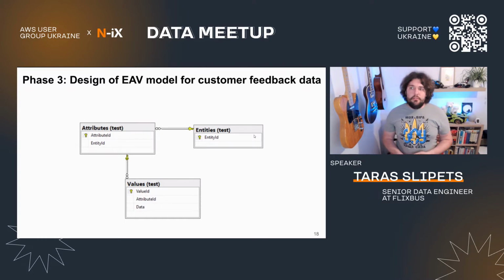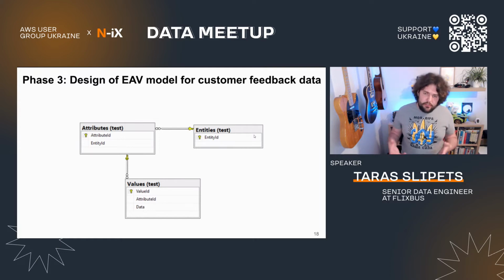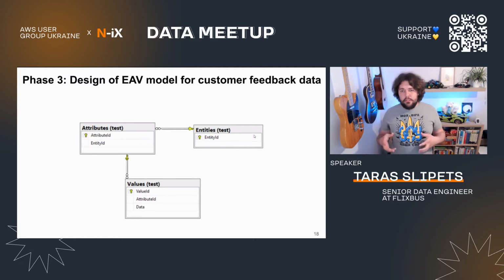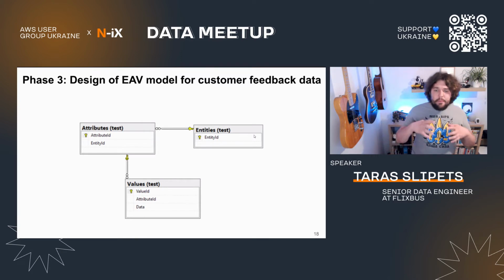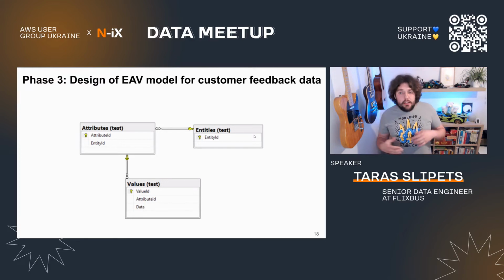Something that we found quite useful was the so-called entity attribute value model, which we actually took from the health industry. There it is used and works really nicely for representing heterogeneous patient data. In the medical world, you have a lot of measurements, a lot of information about the patient history, and that data might be of really different types. It might be a number, it might be some sort of text.